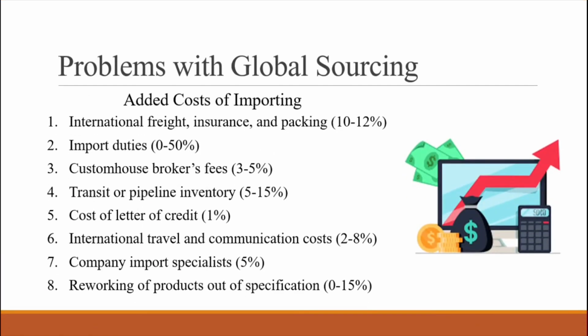The second problem with global sourcing is the added cost. International freight, insurance, and packaging may add 10 to 12% of the quote price, depending on the sale terms used.